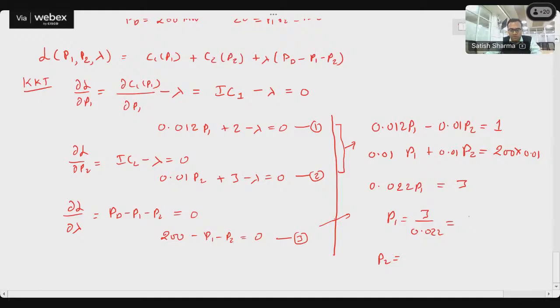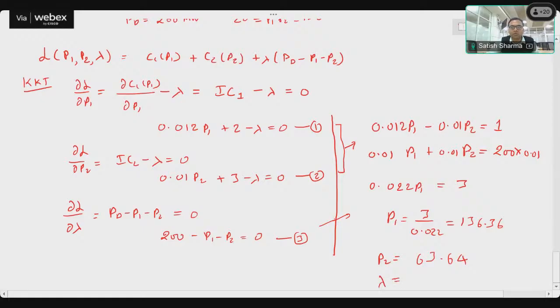Let's solve it. 3 divided by 0.022 is 136.36, and 200 minus that is roughly 63.64, which is P2.